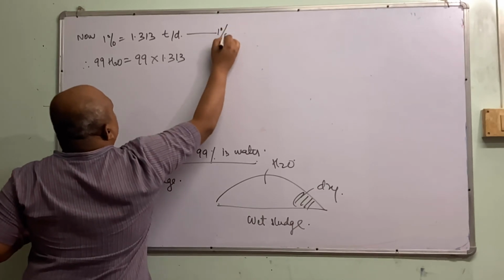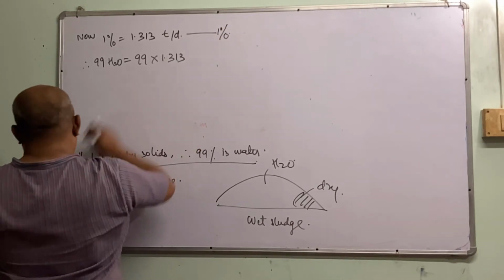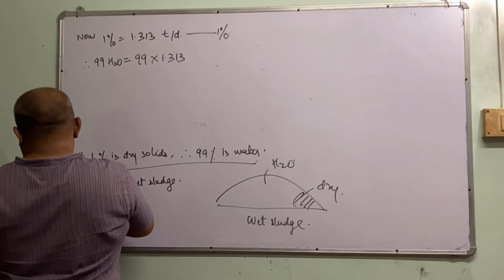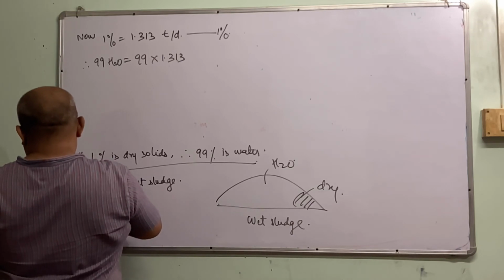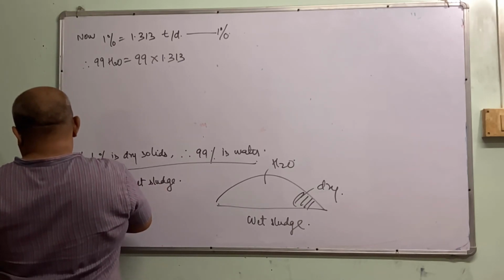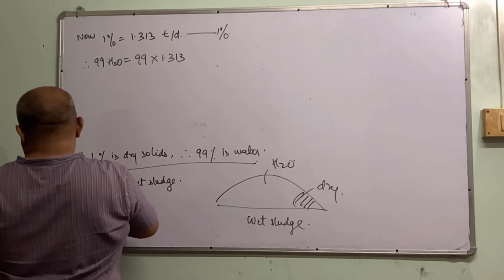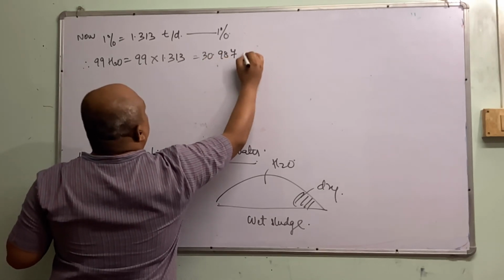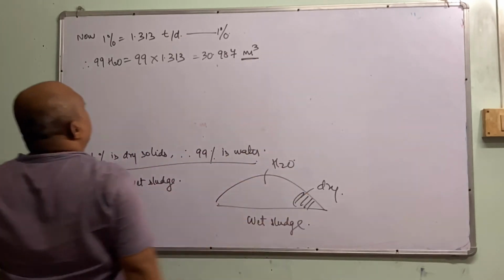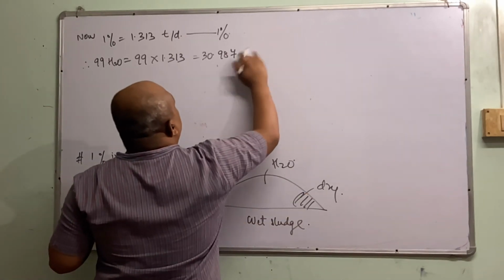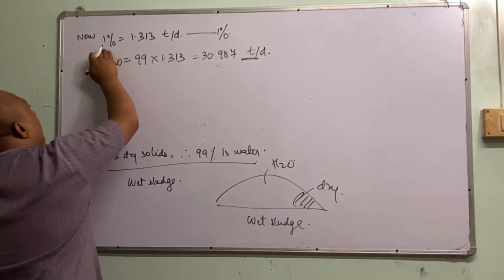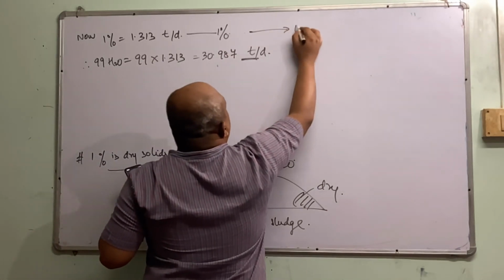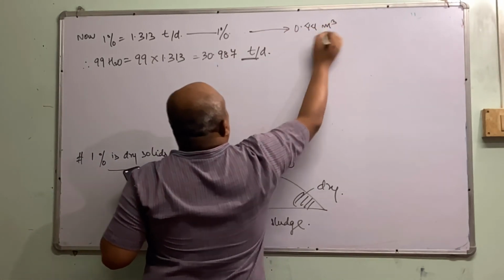This is 1%, remaining is 99%. So this is equal to 130.987 tons per day. So 1% is this much, so 99% will be this much. And we know that the dry solids volume is 0.44 meter cube.